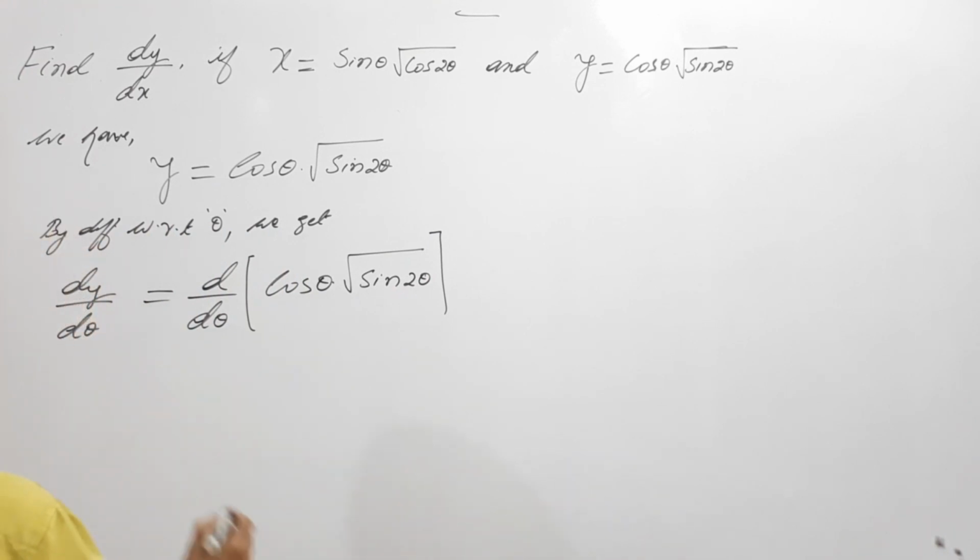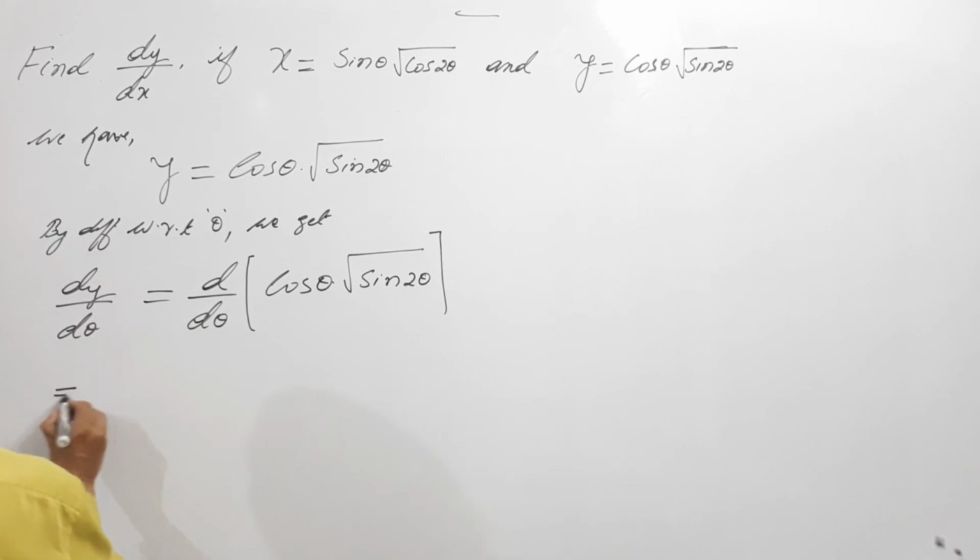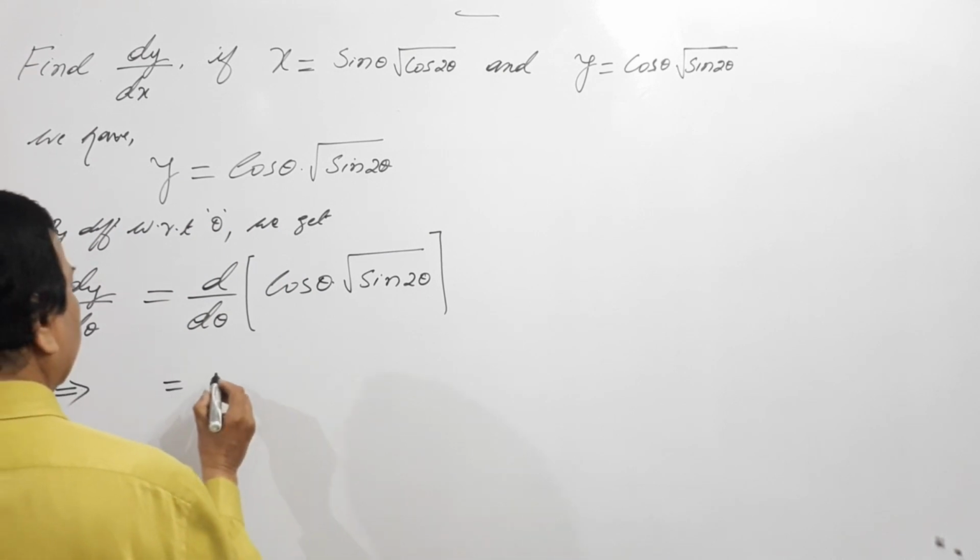So use product rule here. So what happens here?